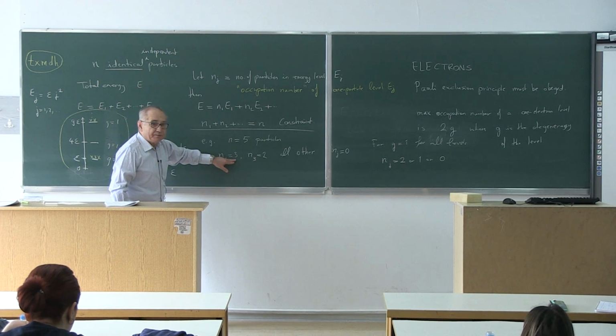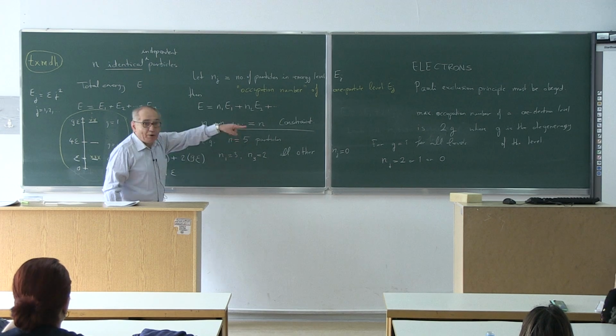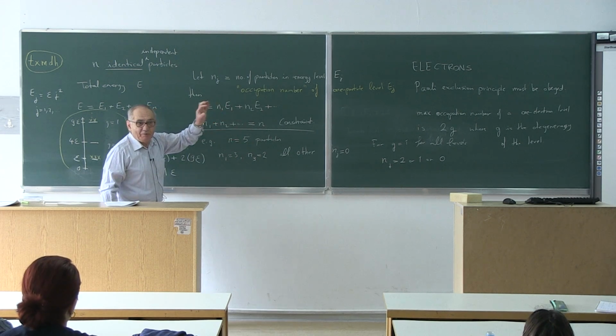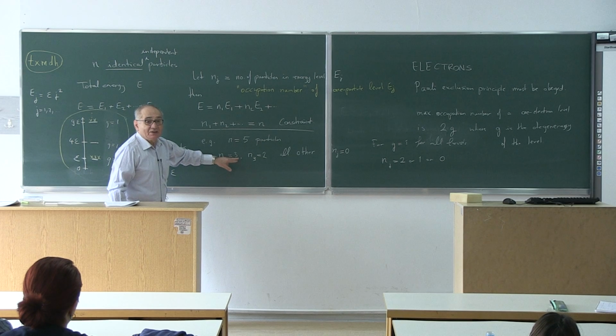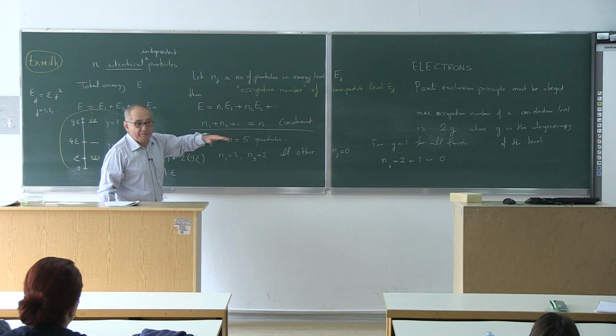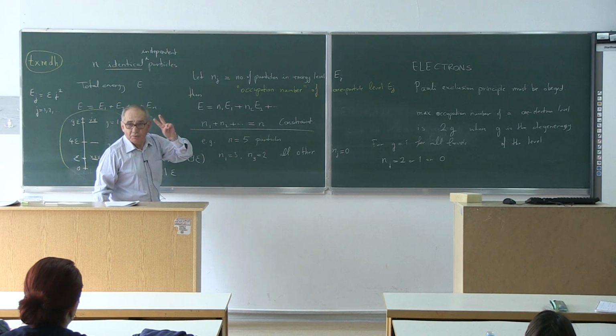What do you see here? 3. Pauli exclusion principle must be obeyed. We cannot select 3 for any one of the energy levels. Maximum is 2.